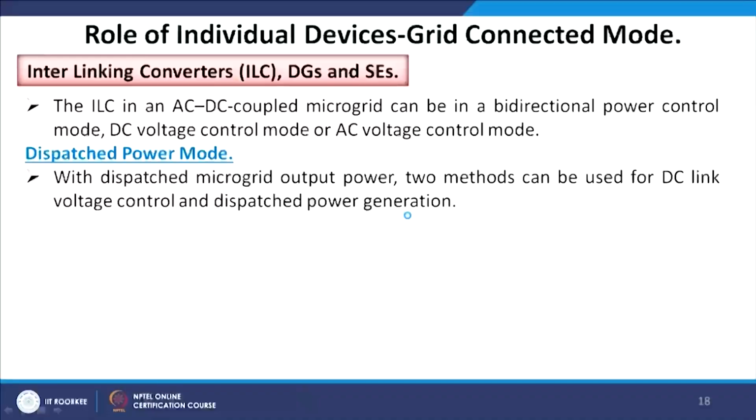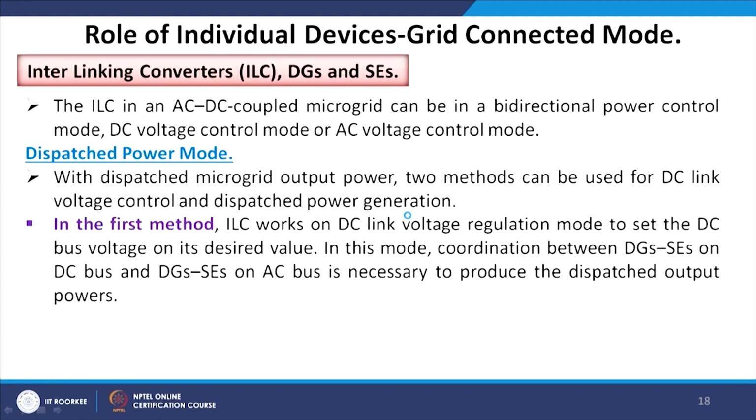Now, when we operate in a dispatched power mode, where the system is connected to my grid and the generations need to vary as desired by the grid, with dispatched microgrid output power, two methods can be used for DC link voltage control and dispatched power generation.